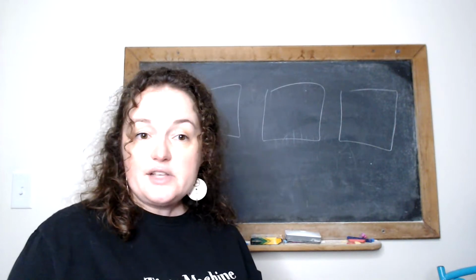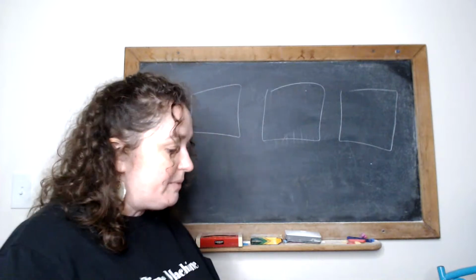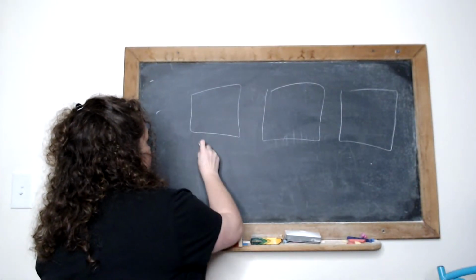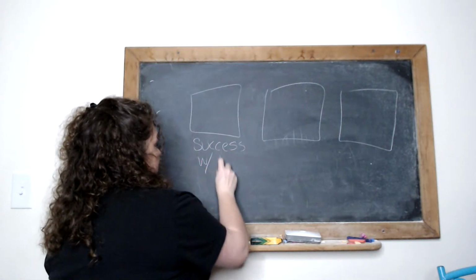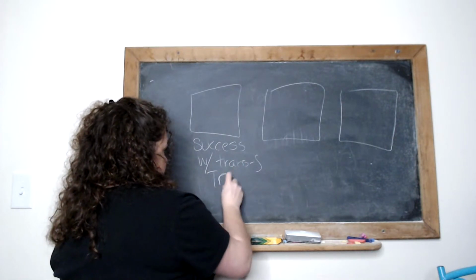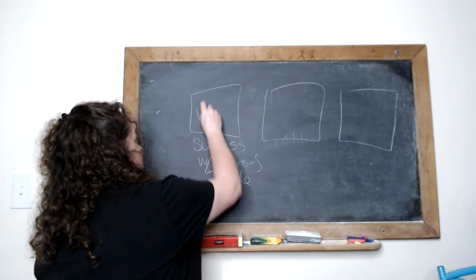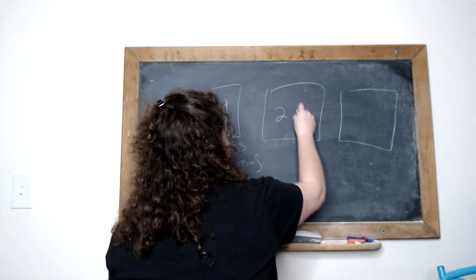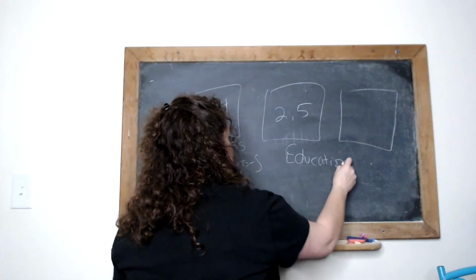Because it takes education to know how to work with metal, right? So maybe we could have 2 paragraphs and we could say 1 achievement was success with the trans-Saharan trade. And we could use documents 1, 3, and 4 for that. And then we could use documents 2 and 5 and say another success was education.